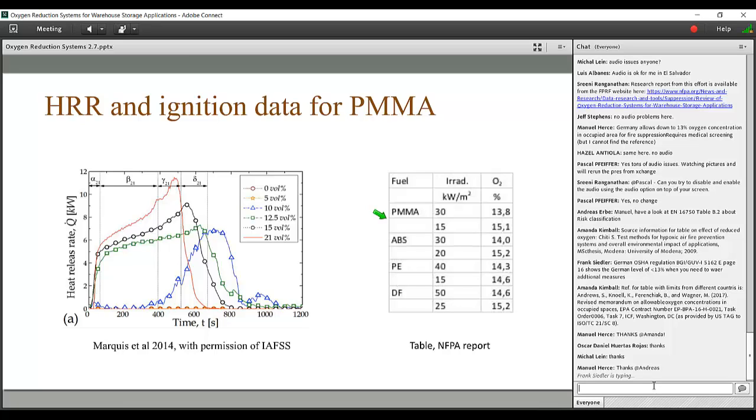So it's lowering, and I think that's something important to observe and to realize, so that the ignition behavior and, as a consequence, the heat release is changing and getting partially lower, but it's still existing at levels of 10% for PMMA if there's radiance. The graph indicates, if I remember well, 25 kilowatts per square meter.